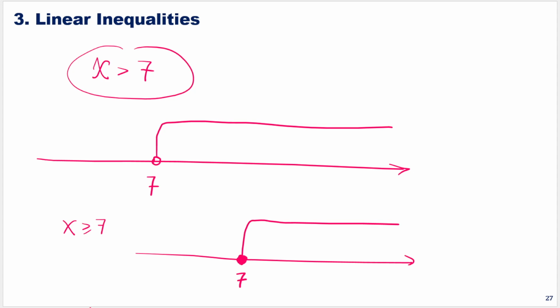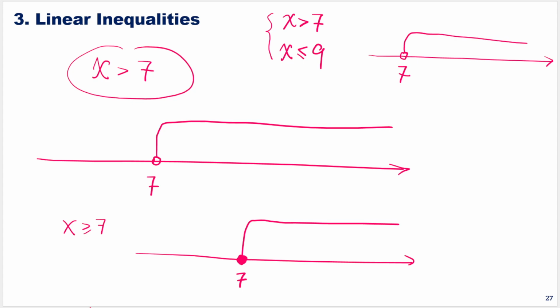Alright? And sometimes we have a system of two inequalities. For example, first one is x is larger than 7. Second one is x is less than or equal to 9. Then the diagram should look like this. This is 7. X is larger than 7 means to the right of 7, right? Then 9 is to the right of 7, so 9 is probably here.